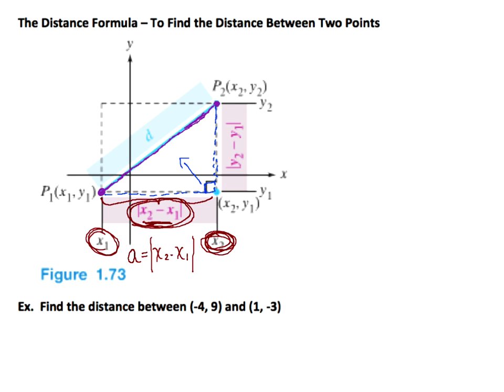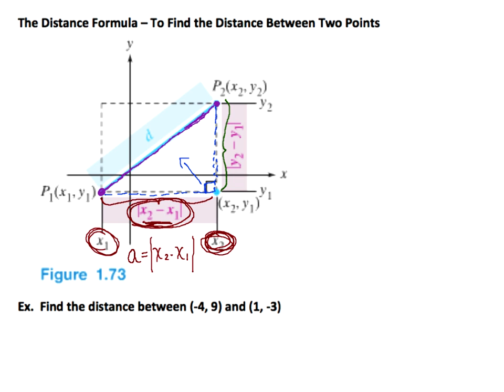Now the next length that we can find is the vertical side. So this distance right here. And you're basically doing the same exact thing that you did in the horizontal direction, except now you're doing it in the vertical direction.